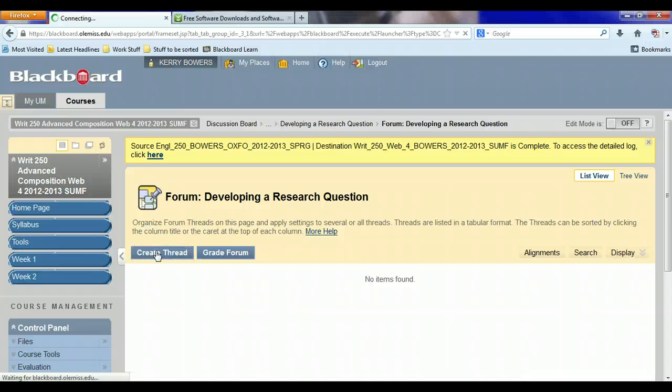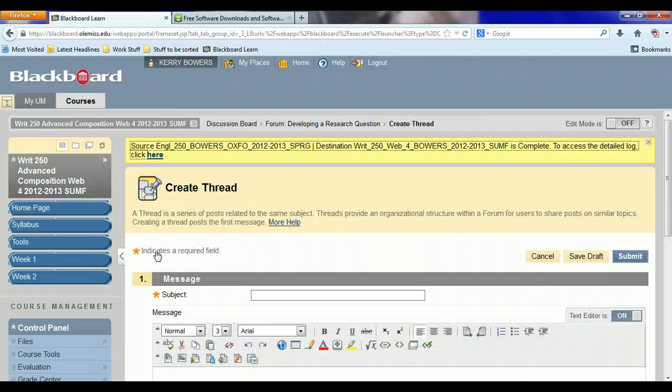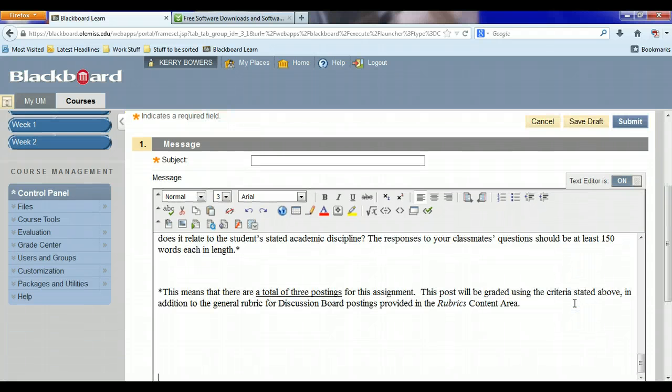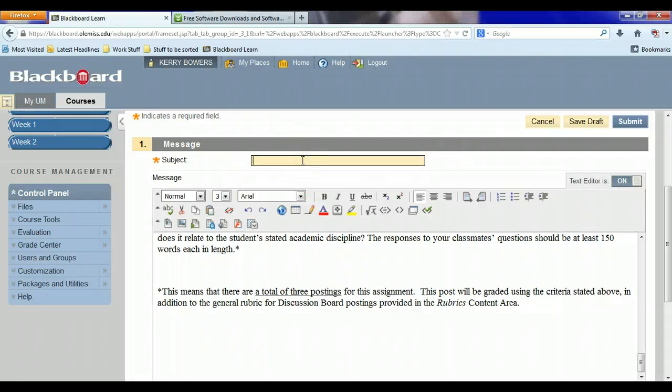This is, of course, you should know how to do this now. So here, so that you'll be able to see it, I'm putting the information about your research question.